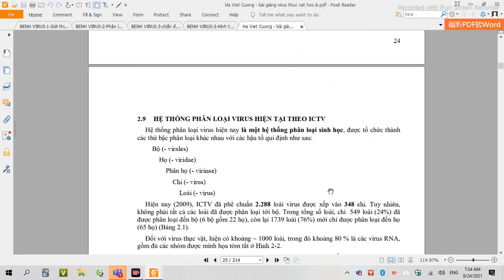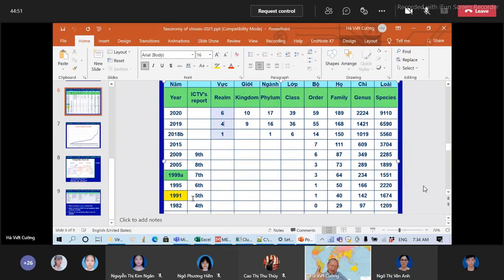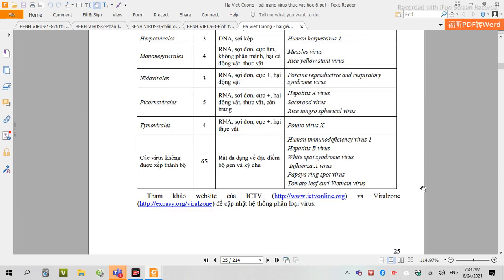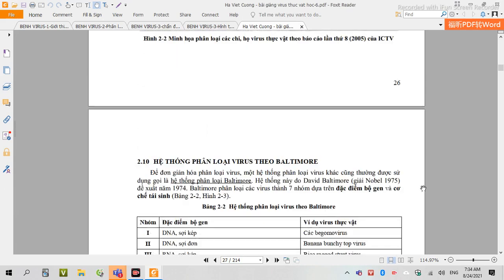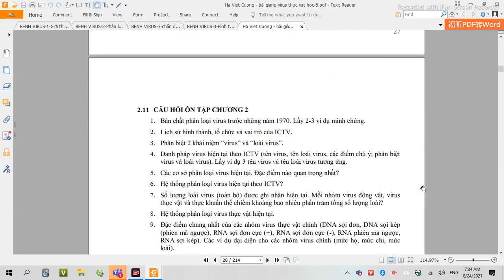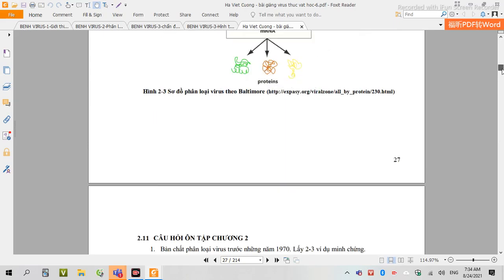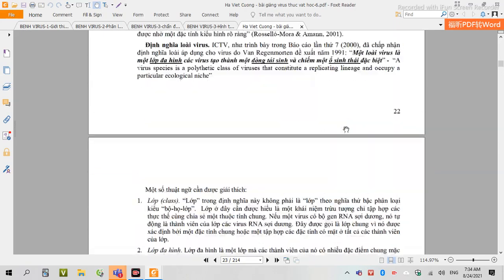But if you agree that viruses have some form of life, then we can do the taxonomy, we can do the classification. And then we need to define what the virus species is.